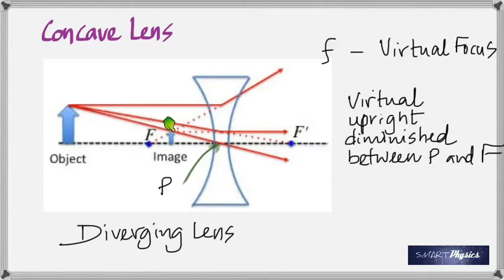So that's the concave lens. You get the head of the image there. What are the properties? It's virtual, upright, diminished, and it's always between P and F. It's always between the optic center and the focal length.